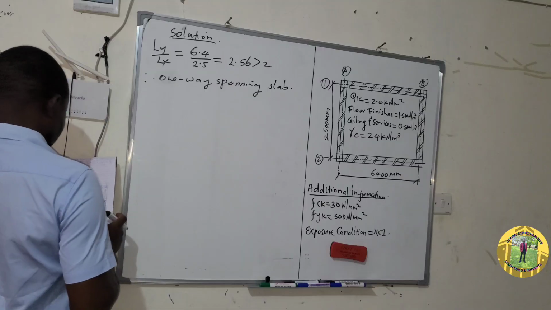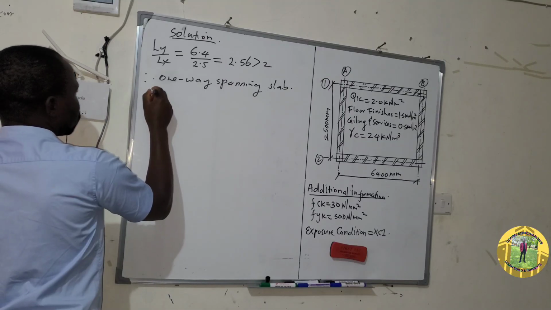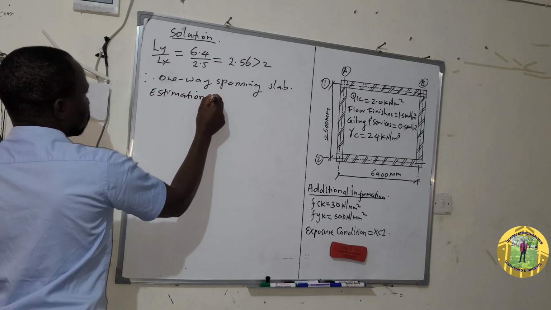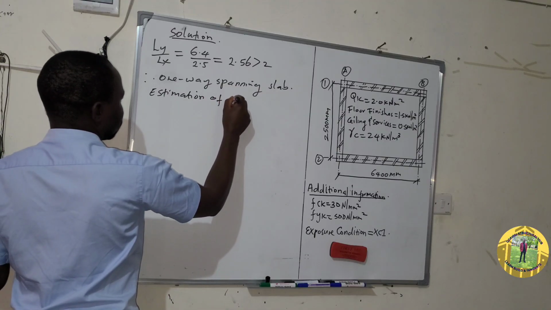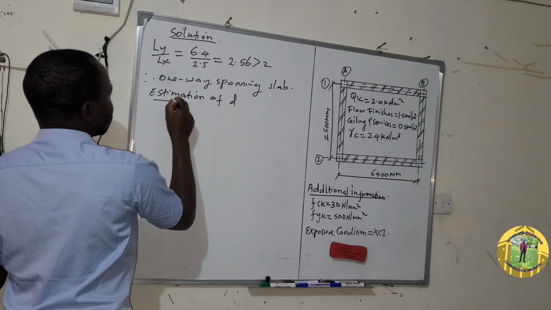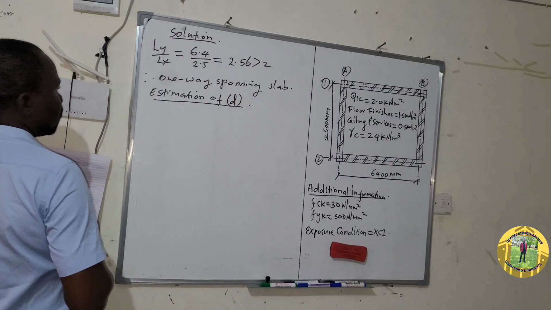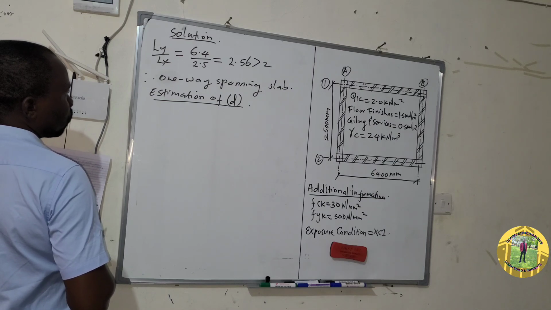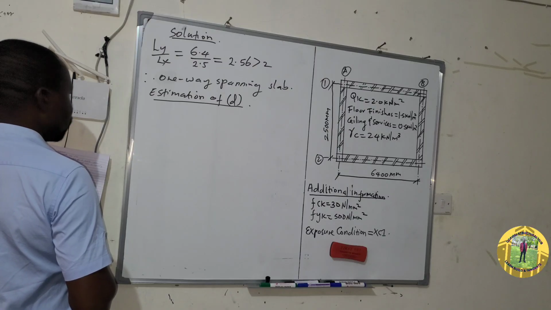From there, we will proceed to estimation of D, or depth of slab. So to estimate D, as you saw in the introduction to design of one-way spanning slab, you assume a reinforcement ratio.